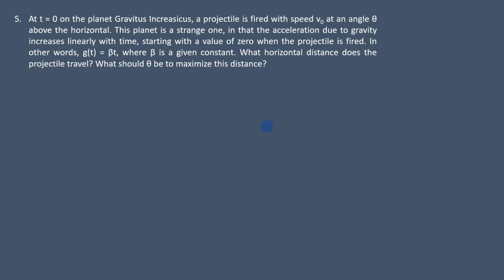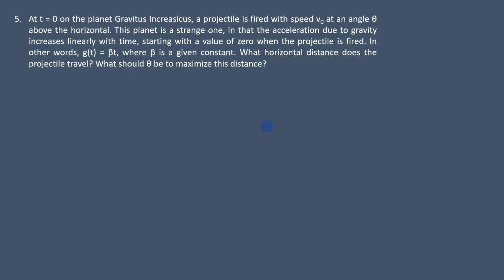In other words, g as a function of t equals beta times t, where beta is a given constant. What horizontal distance does the projectile travel, and what should theta be to maximize this distance?